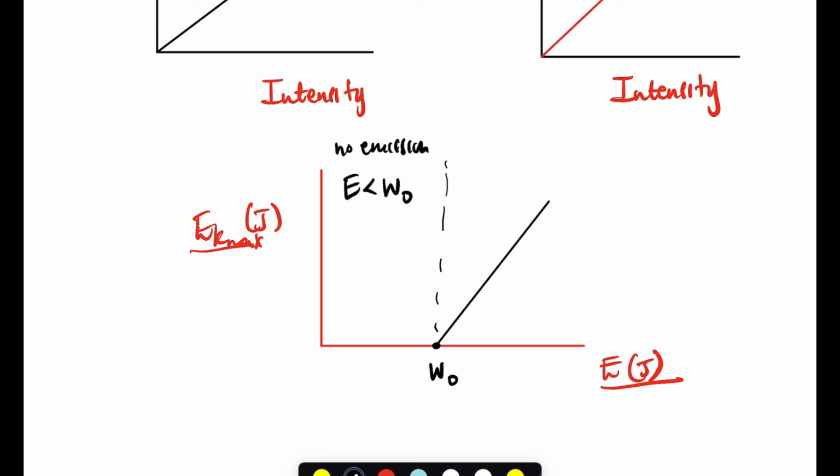Above this threshold, the energy of the light is greater than the work function, which means emission of electrons has occurred, the photoelectric effect.